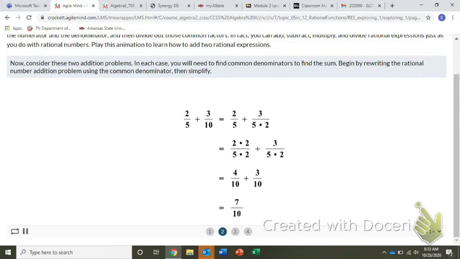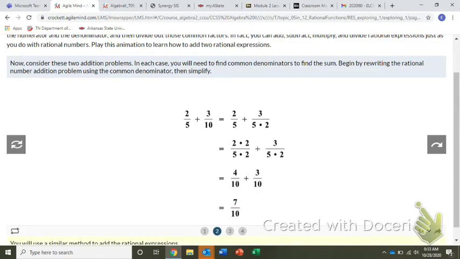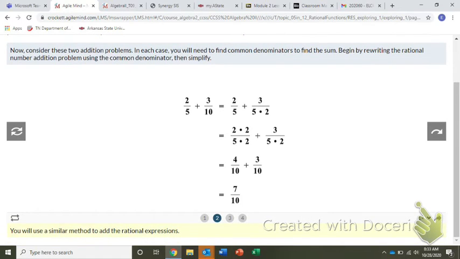Okay. This example, there's 2 over 5 and 3 over 10. You see that the 5 and the 10 are not the same. But what did I just say? They have to have a common denominator. So what Agile Mind did, they broke up 10 and said that 5 times 2 was 10.